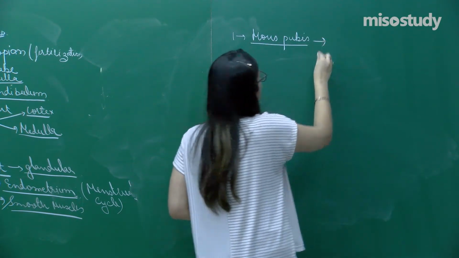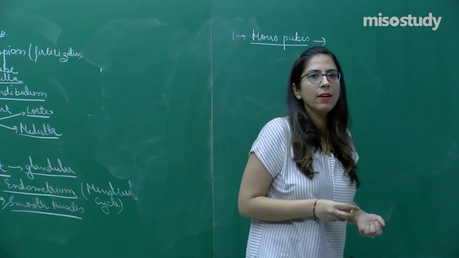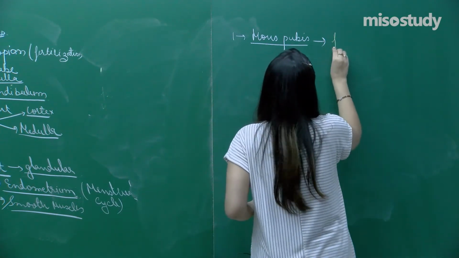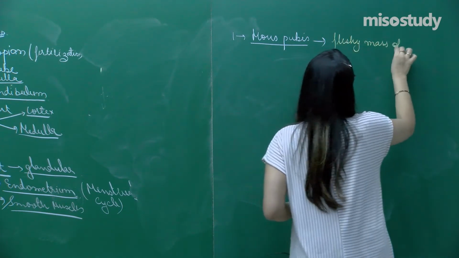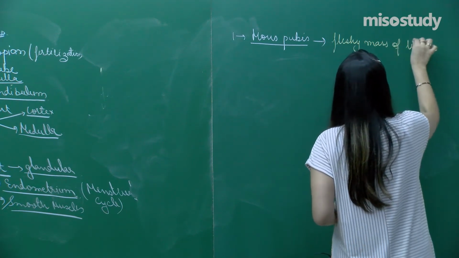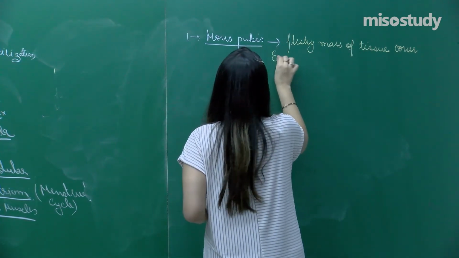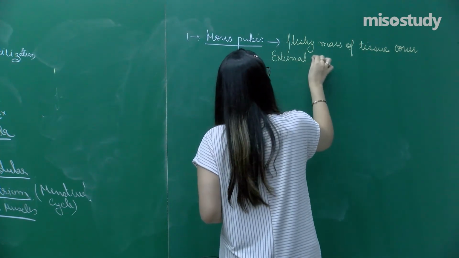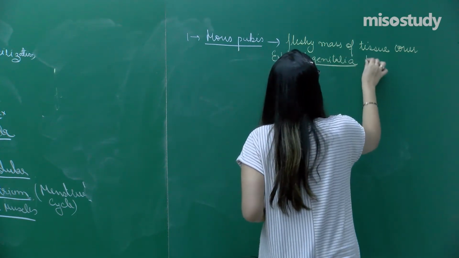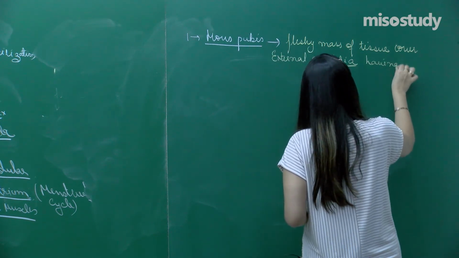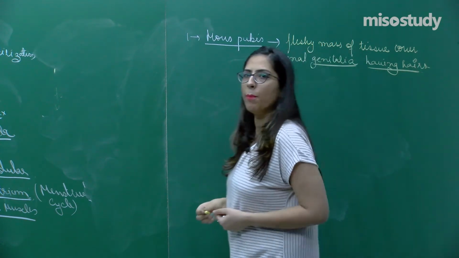Mons pubis is that fleshy mass of tissue, covering the external genitalia, having hairs. This is called the mons pubis.